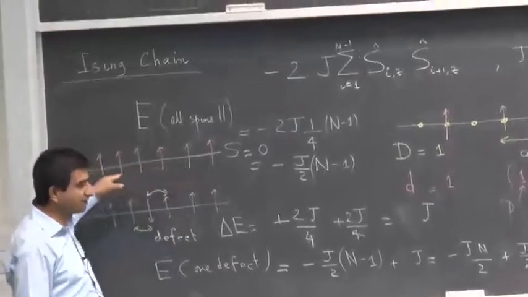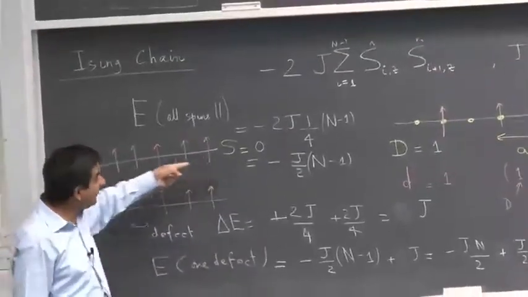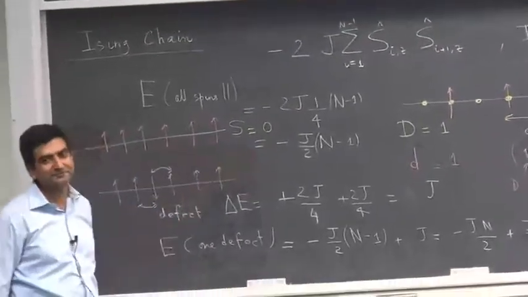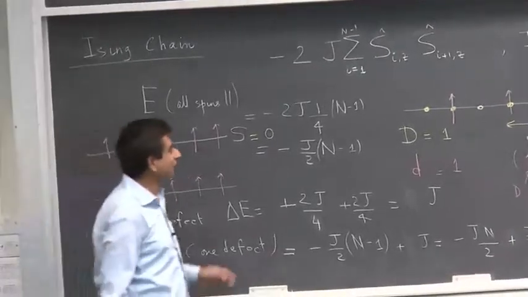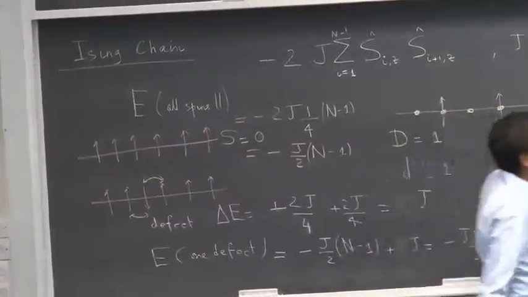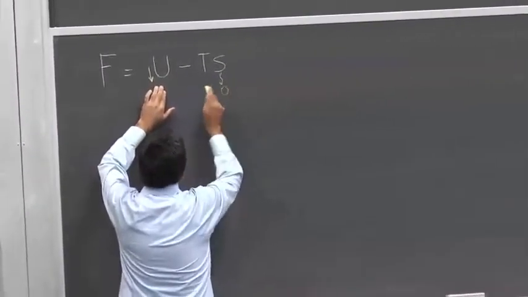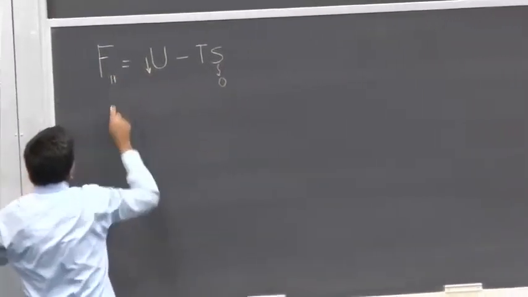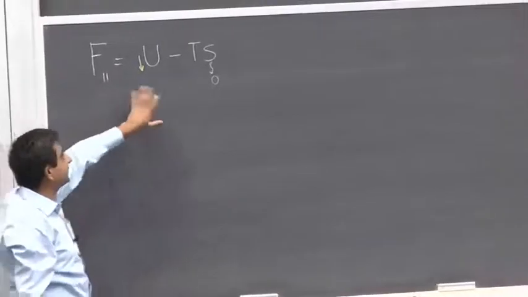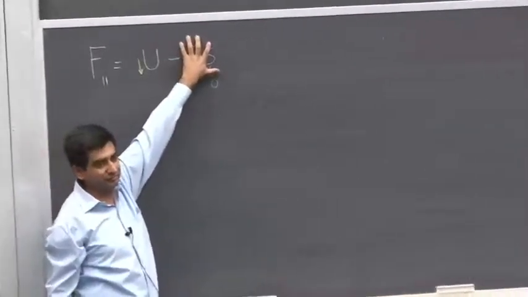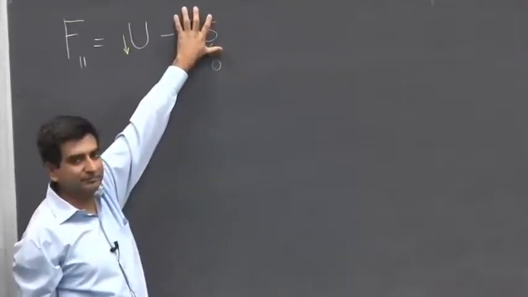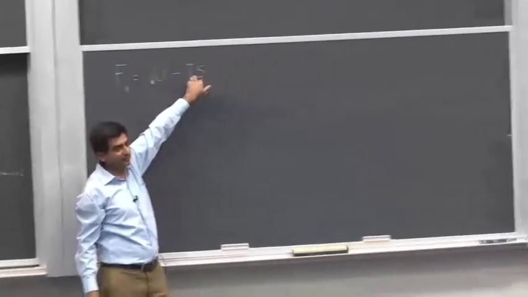The spin entropy of this state is 0. So even though U is small, S is also 0. So the free energy for all spins being parallel is just U, because this entropy is 0, even if you're at 0 kelvins.